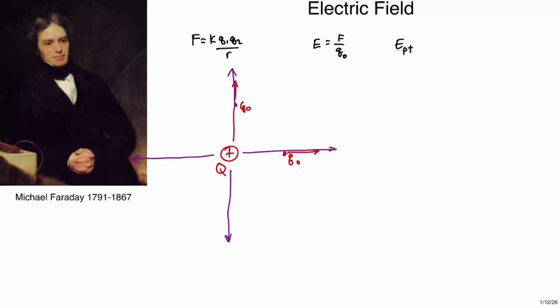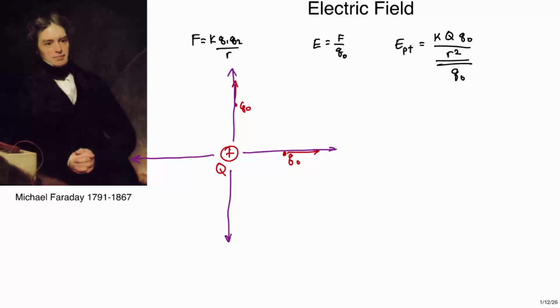And the electric field of a point charge is the force, K, in this case big Q, times the test charge. Those are the two charges in Coulomb's law, divided by the distance squared, all divided by the test charge.